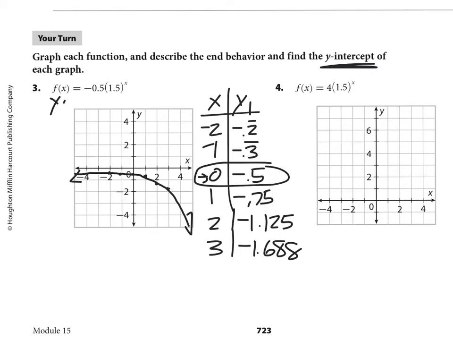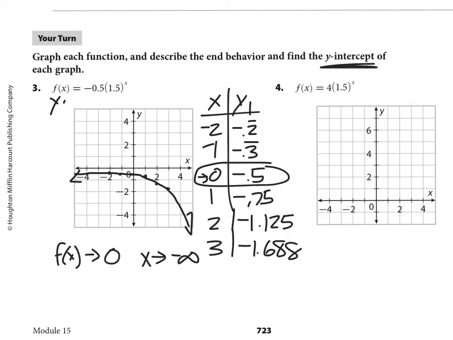We describe end behavior now. So again, they're writing it backwards. So they're saying f of x does what as x goes to -infinity. So we trace it going to the left, and it flattens out at 0.